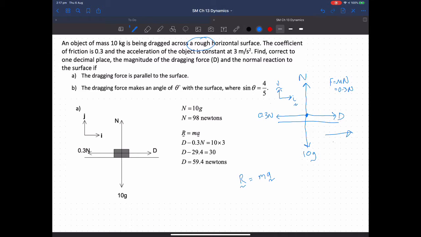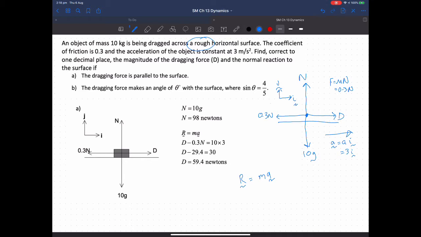So I know vector a equals the magnitude of vector a, its acceleration, times i. And we know that acceleration is 3. We're told that in the question. 3i.